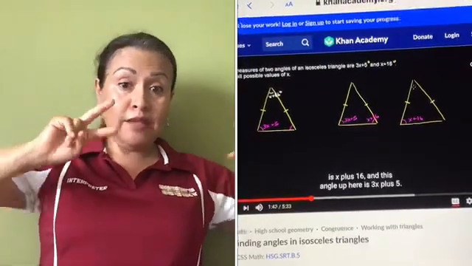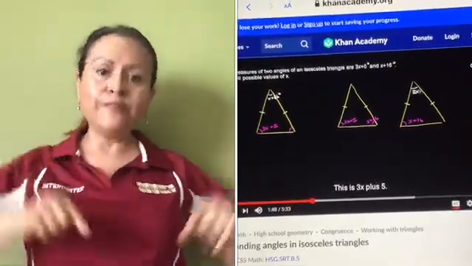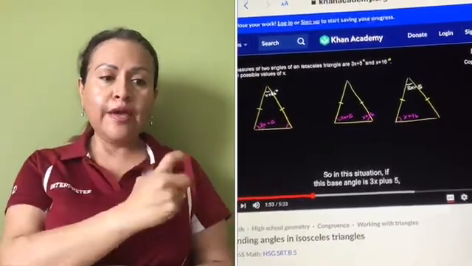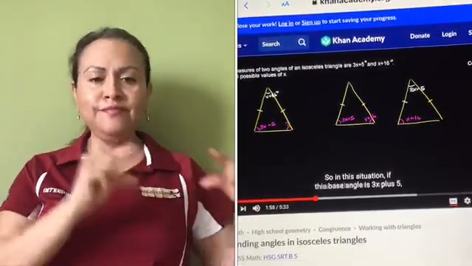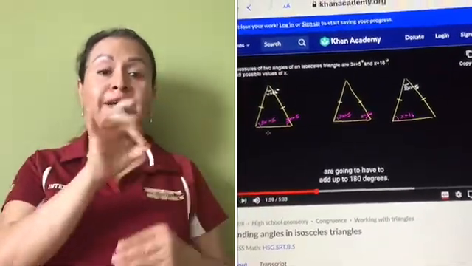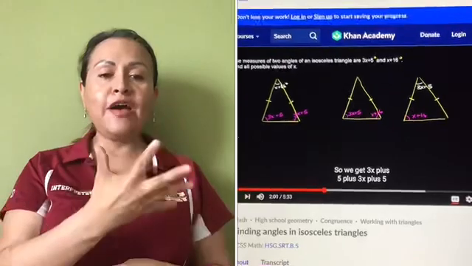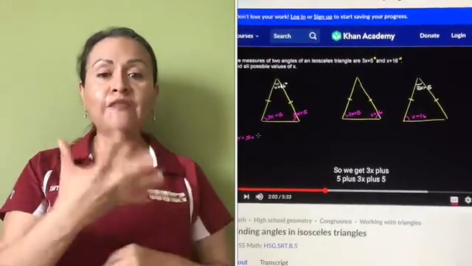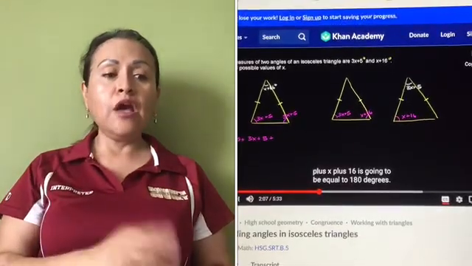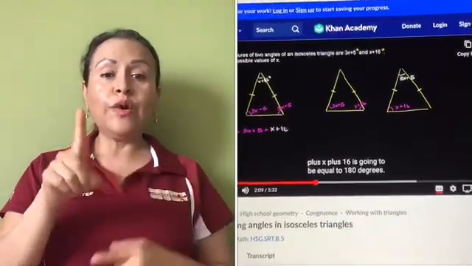So let's just work through each of these. In this situation, if this base angle is 3x plus 5, so is this base angle. And then we know that all three of these are going to have to add up to 180 degrees. So we get 3x plus 5 plus 3x plus 5 plus x plus 16 is going to be equal to 180 degrees.